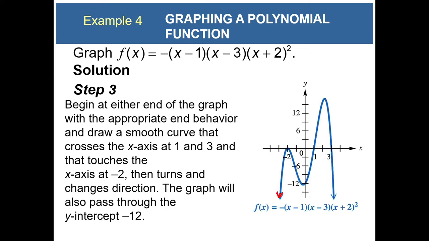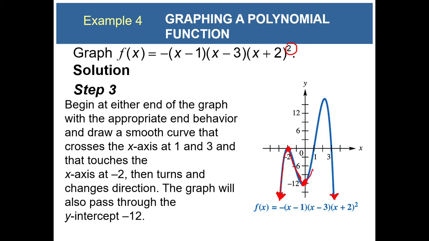We know that the tails have to be both facing down because we know our leading coefficient is even with the negative number in the front. I know when I approach -2, I cannot shoot through it. I must bounce off of it because of the multiplicity of 2. As I head back down, I know I must cross the y-intercept, 0, -12.